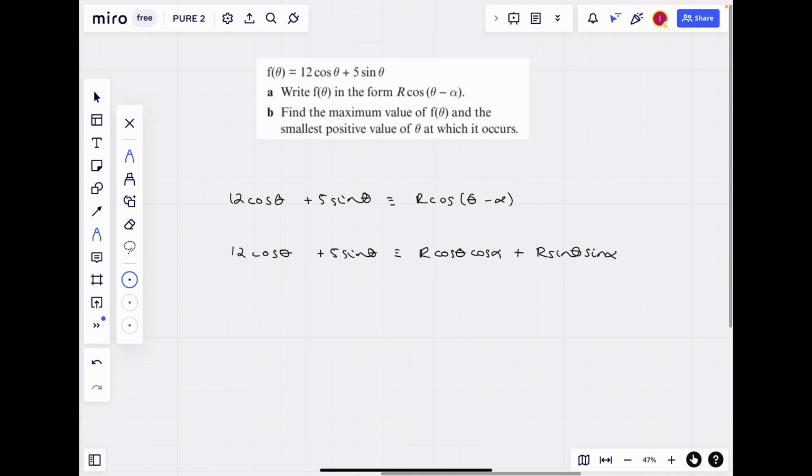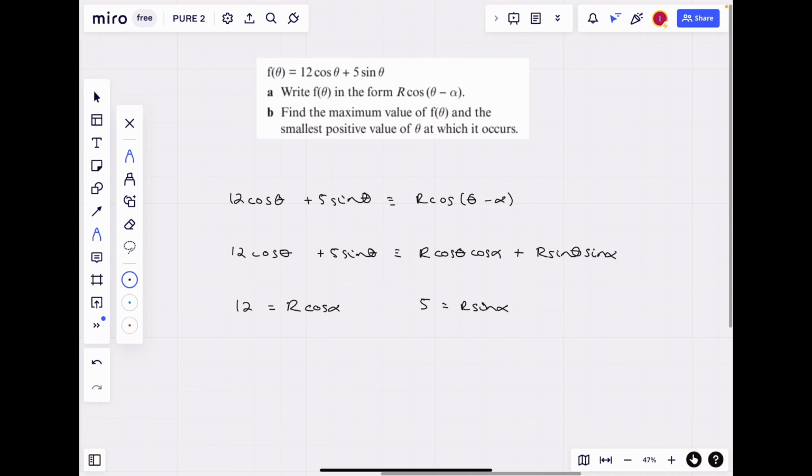Okay, we're going to equate the cos thetas and we're going to equate the sine thetas, sorry. So that means 12 equals r cos alpha, 5 equals r sine alpha. Okay, equating coefficients. That's all you're doing, really.